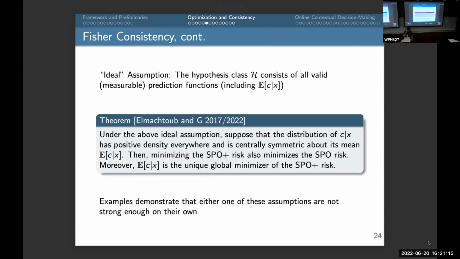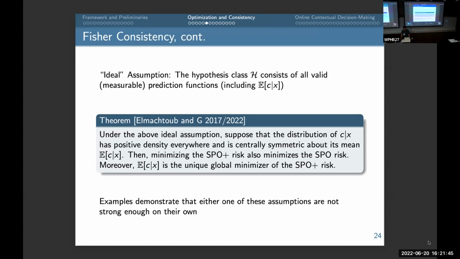So the theorem that we provide in the original paper of Adam and I is that under the assumption that the hypothesis class that we're working with contains the ideal correct prediction function, the expected value of C given X, and under the assumption that the distribution of C given X has a positive density everywhere and is centrally symmetric about its mean.